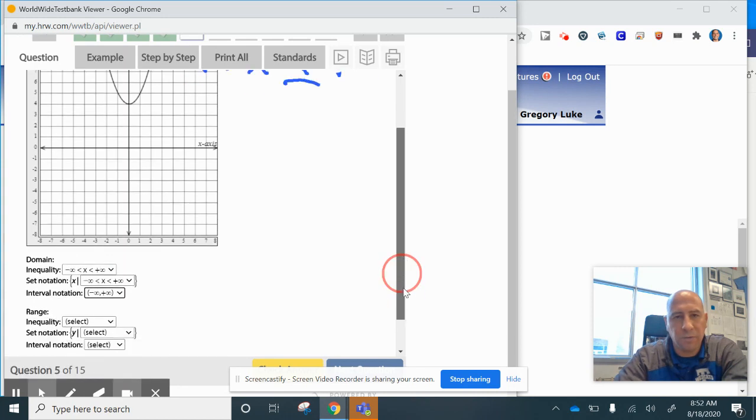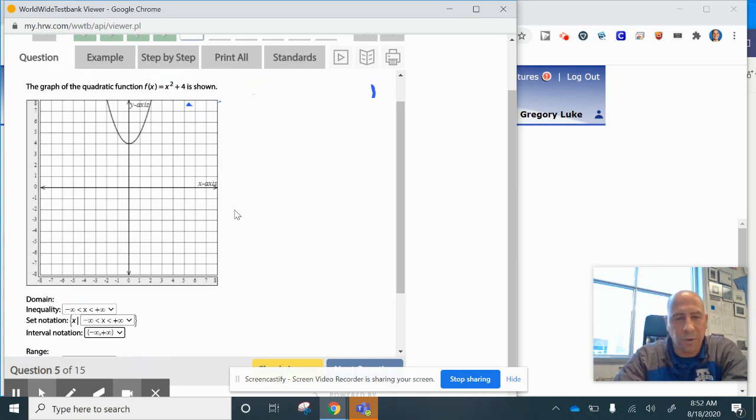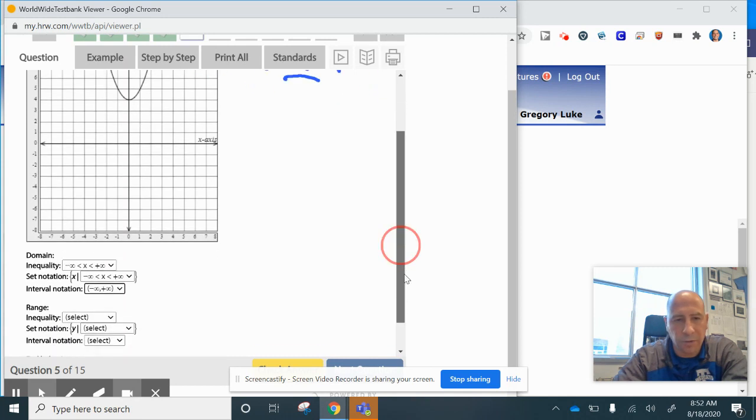Now range, here, range is from bottom to top. So the range starts at 4 and it goes to infinity. Okay? So let's look at the answer choices. Inequality. Now, I'll show you the correct answer, but I think that there's a problem with the answer.